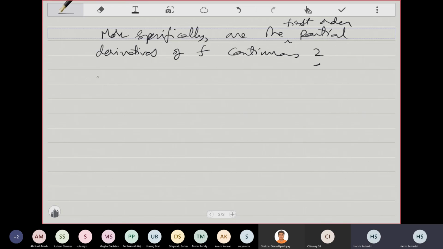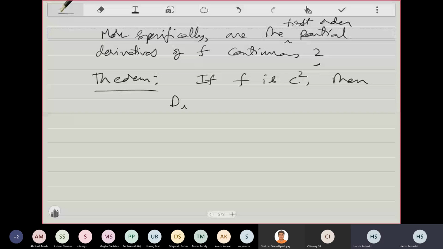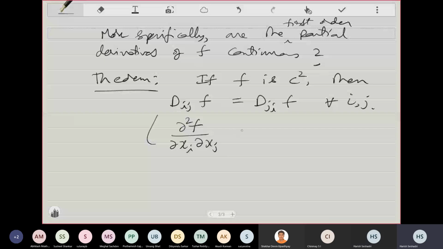Now here is the main theorem which I want to prove. Theorem: if f is C2, then D_ij f equals D_ji f for all i and j. So in classical notation, del squared f by del x_i del x_j equals del squared f by del x_j del x_i for all i and j, and at all points.